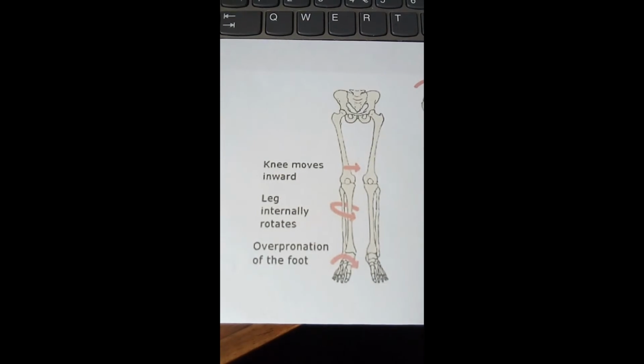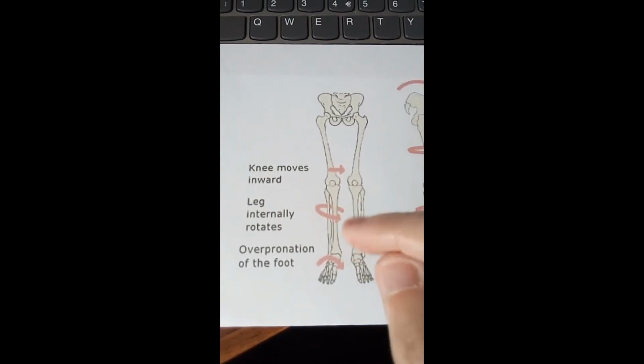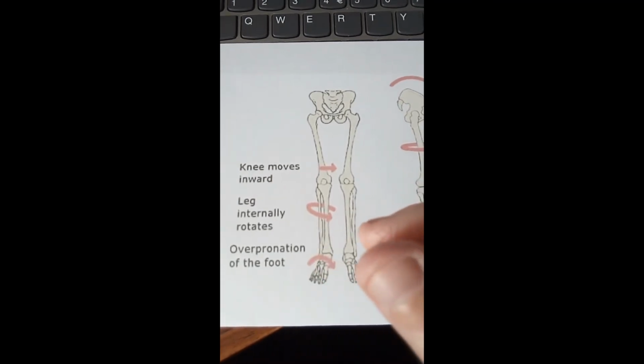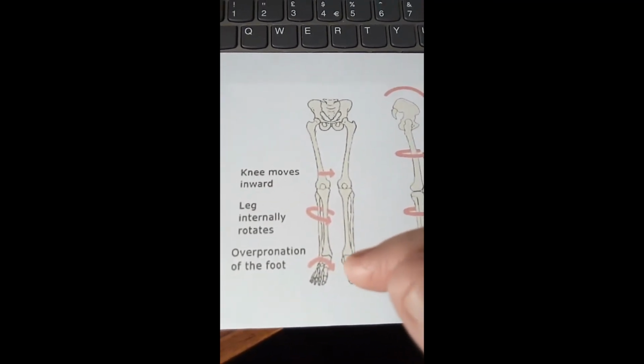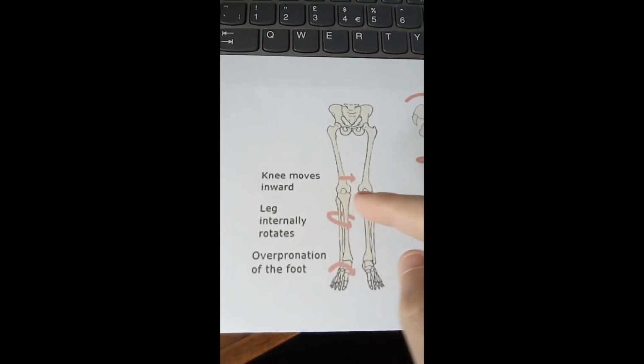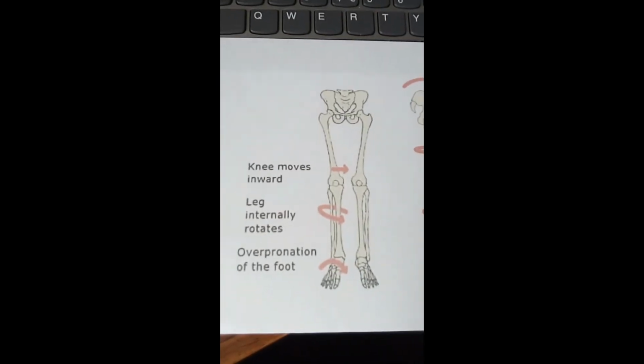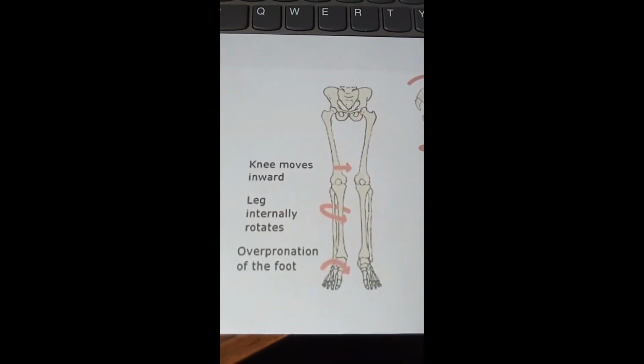That causes the shin bone to internally rotate, which can also then cause the knee to move inwards, which gives that knock-kneed appearance, or knee valgus.